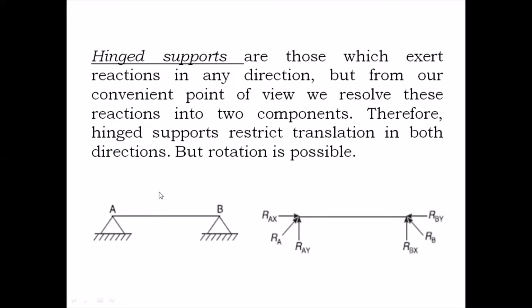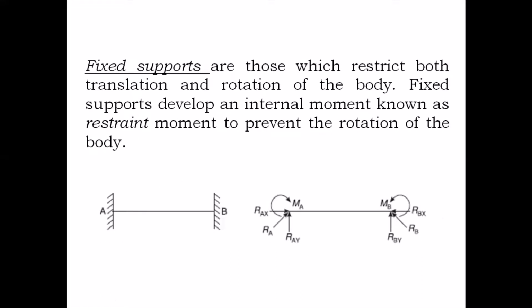Okay, so the next type of support we are going to study here is fixed support. Now you just have a look at this fixed support. The notation you are going to use to show this fixed support would be just a single line with small lines, which means that it is a fixed support.